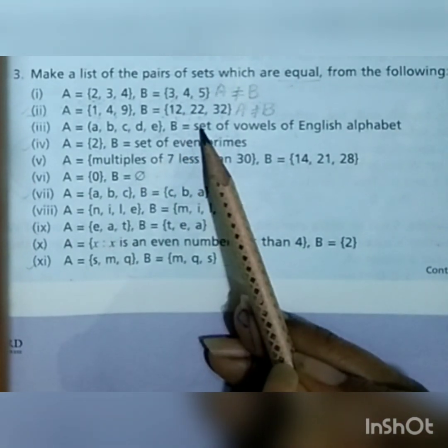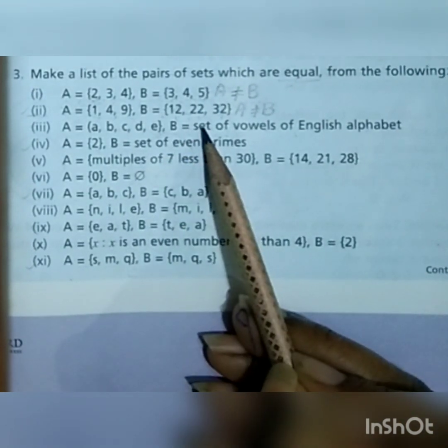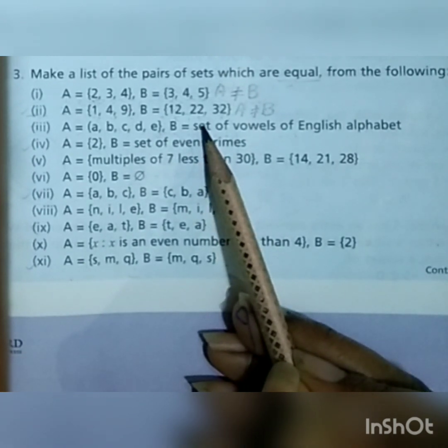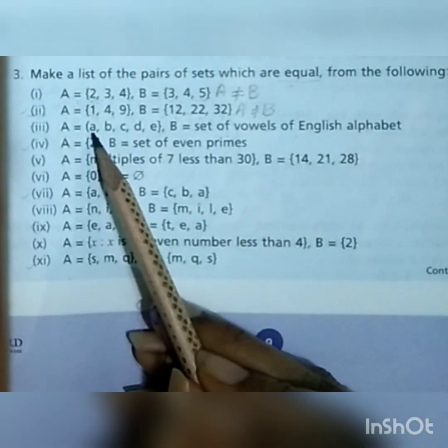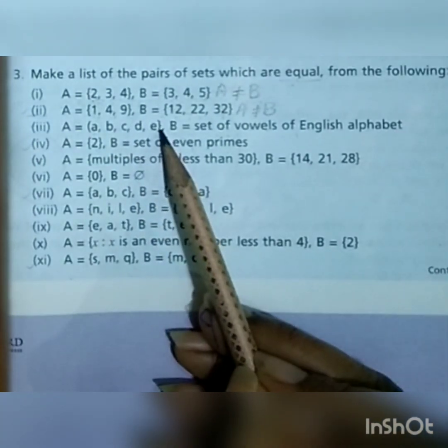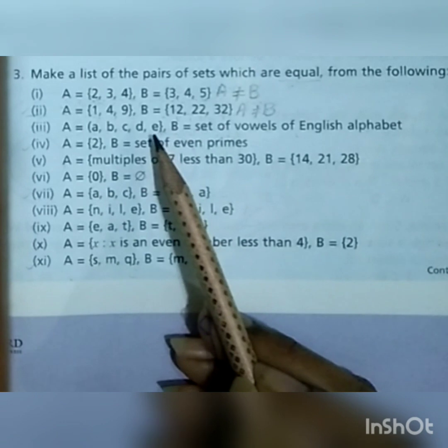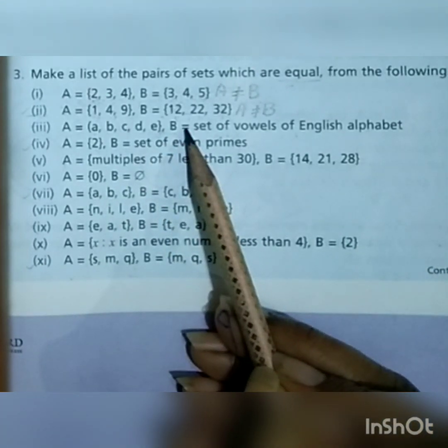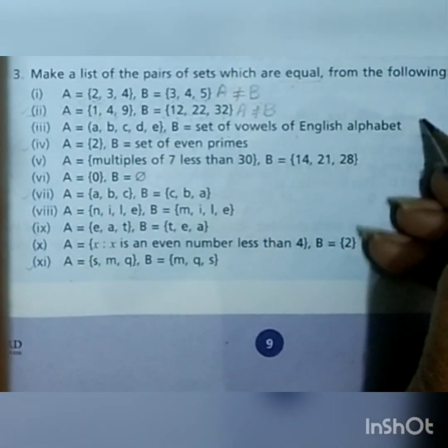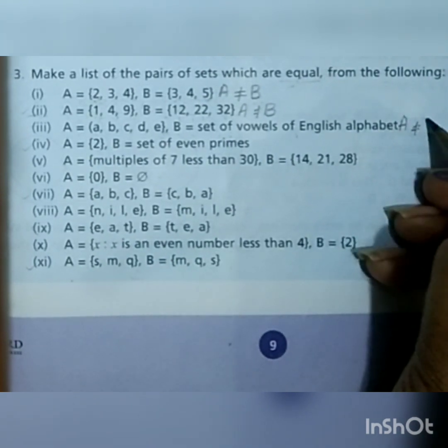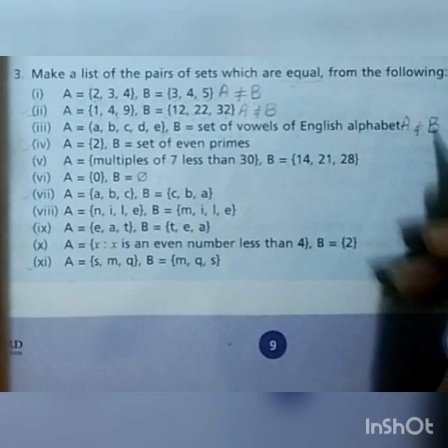So first condition is satisfied, that the number of elements in both sets are same, but we have to check either the elements are same or not. Here is a, b, c, d, e, but in set B the vowels are a, e, i, o, u, so the elements didn't match. We can write here as set A does not equal to the set B.